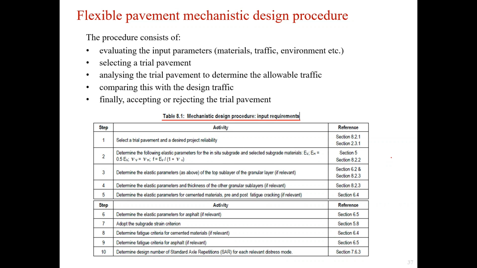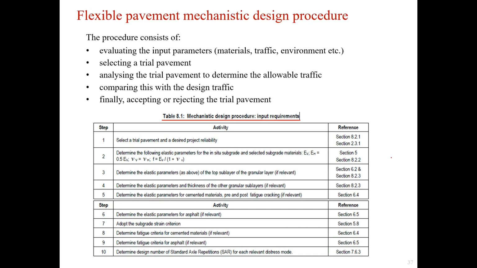Now it's time to look at the flexible pavement mechanistic design procedure. Tables 8.1, 8.2, and 8.3 list in detail the steps which are required to carry out the mechanistic design procedure. The procedure consists of evaluating the input parameters, then selecting a trial design and determining the allowable traffic.